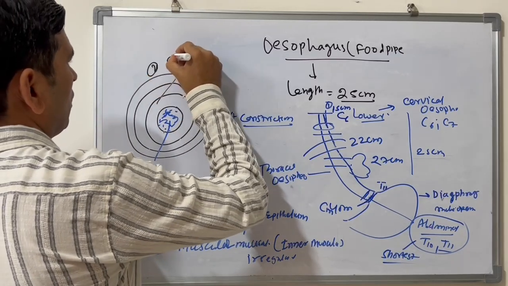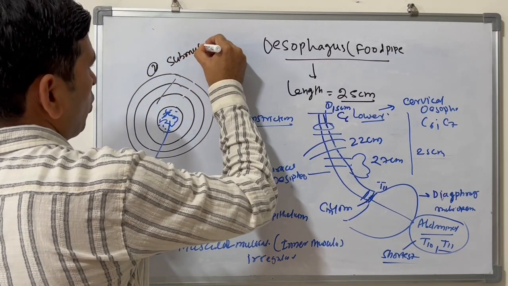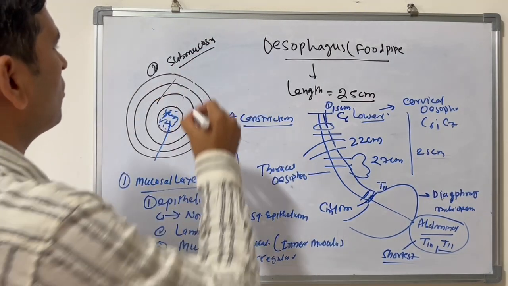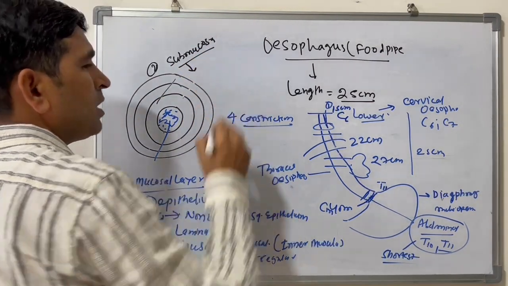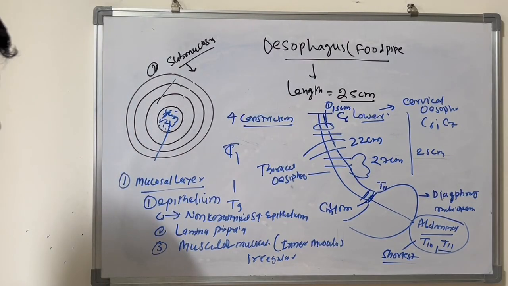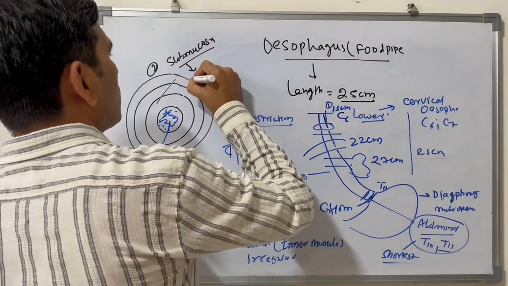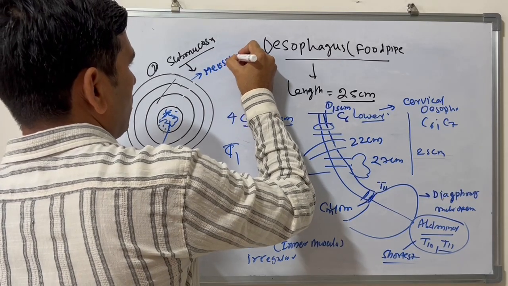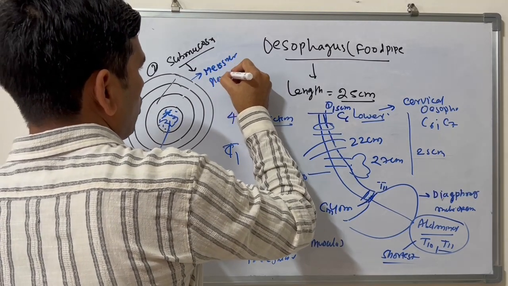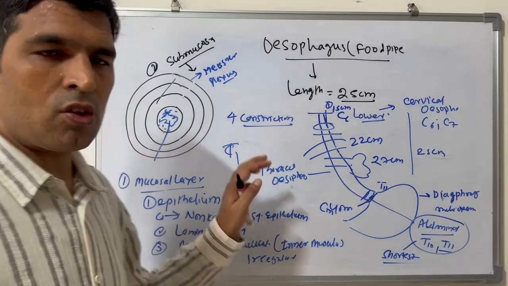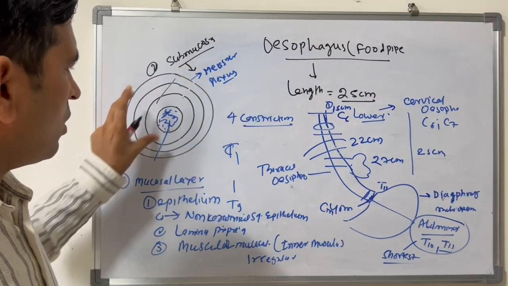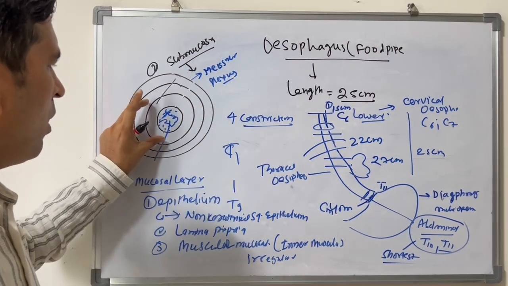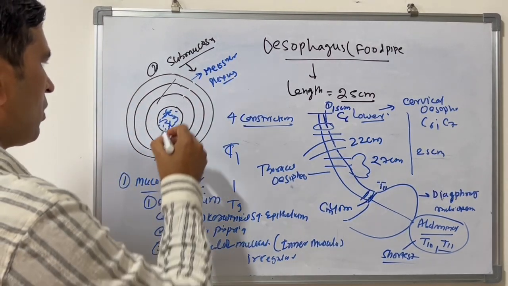The second layer is the submucosa. This submucosa has lymphatics, a venous plexus, and a nerve plexus. The nerve plexus is called Meissner's plexus. So the submucosal plexus of this esophagus is called Meissner's plexus, which controls the peristalsis.